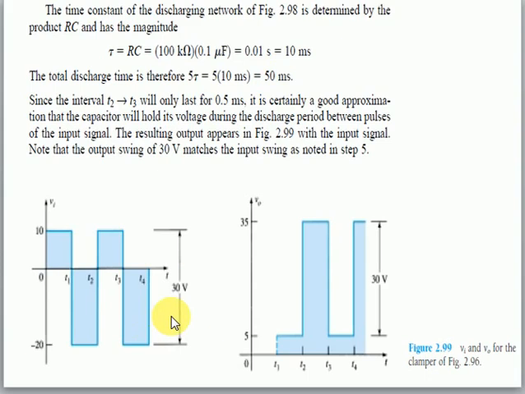So this was about the clamper circuit, in which we started our analysis from the cycle in which the diode is forward biased, and in this case the diode is forward biased during the negative cycle. One more thing we have seen is that the full swing of the output cycle is equal to the full swing of the input cycle.